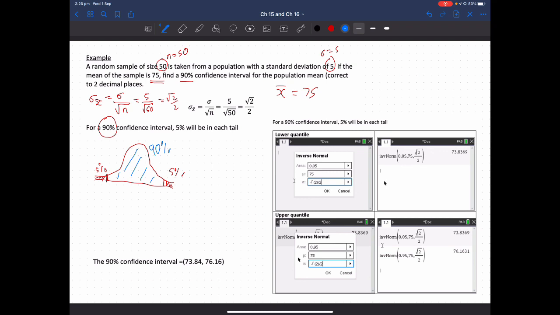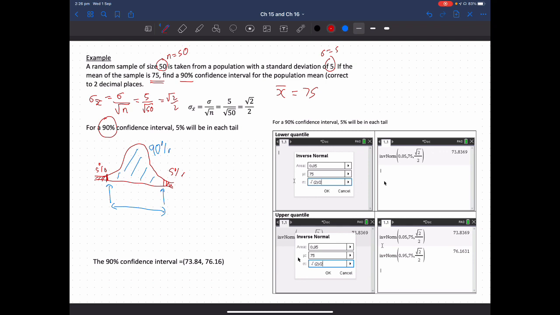So what we're going to do is work with the limitations of our calculator. We know that we can work out this value here and this value here, and that will then give us the 90% confidence interval. So the first thing I am doing is I'm saying the area is 0.05.